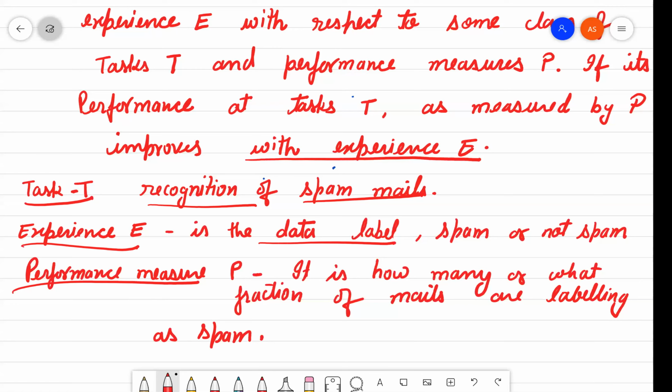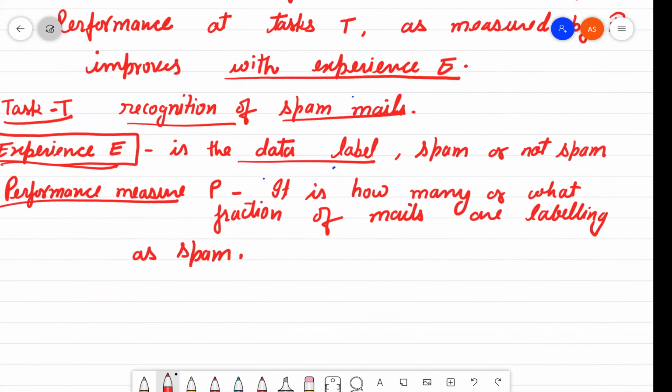What this definition says is that as E increases, meaning experience increases, the performance should get better and better. If the experience is increasing, then the performance of the algorithm should get better and better. I think this definition is clear.